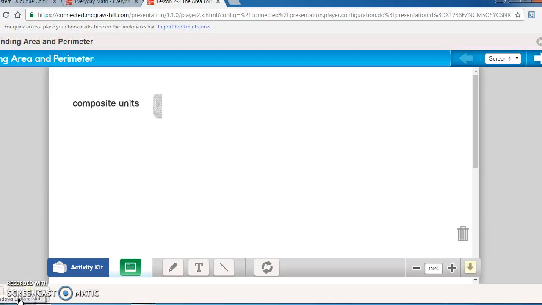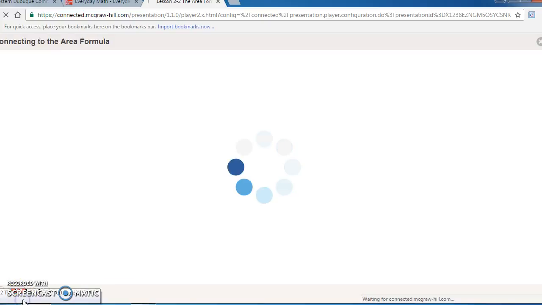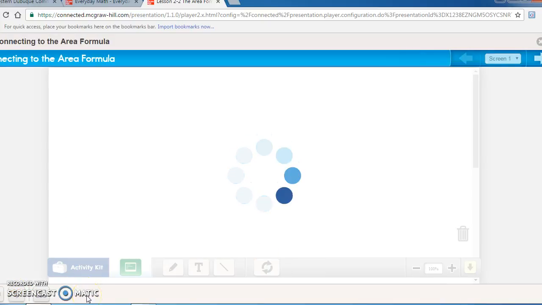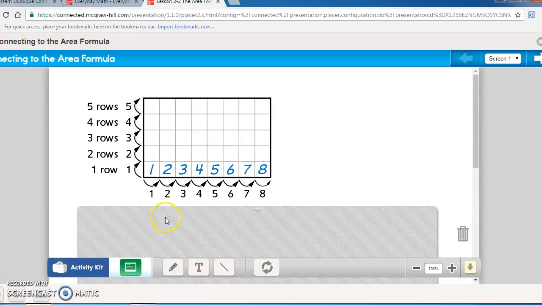So hopefully you understand composite units. If you don't, again, you can come ask me for further clarification. You can look in your SRB up the word composite units and look for examples. So here's the way. This would be a composite unit.